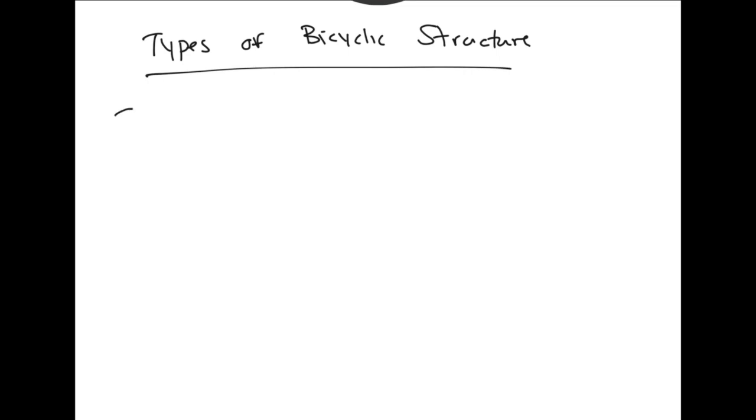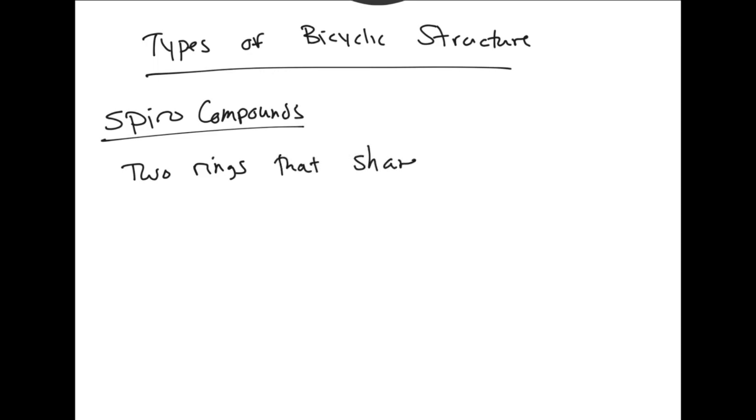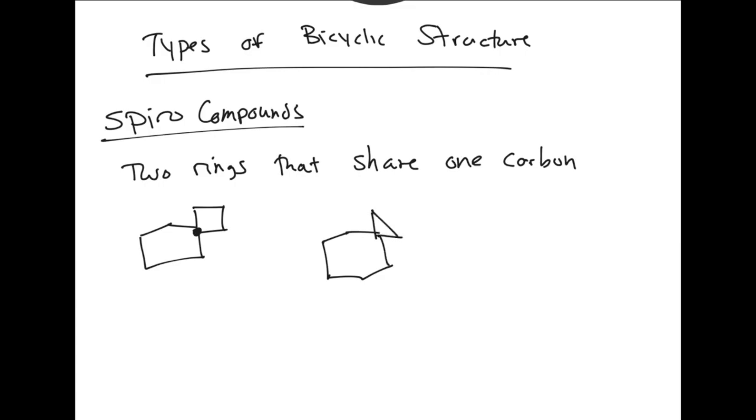There are spiro compounds. So spirocyclic compounds are two rings that are sharing a single carbon.